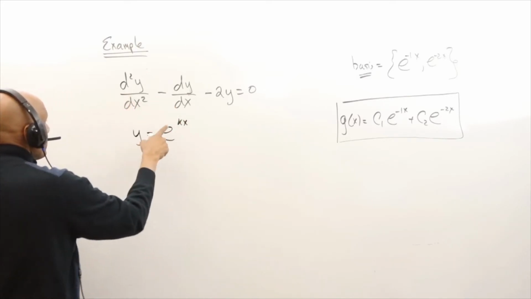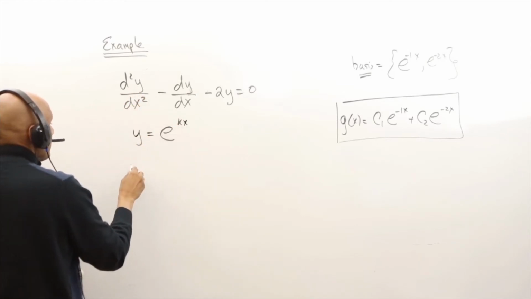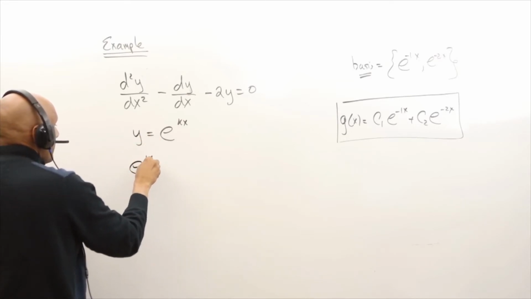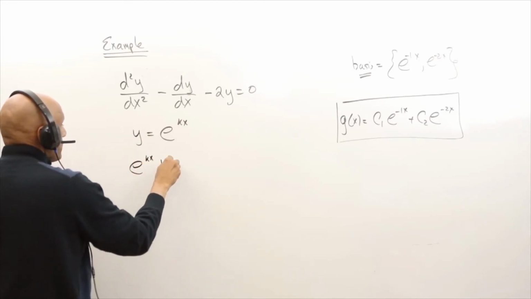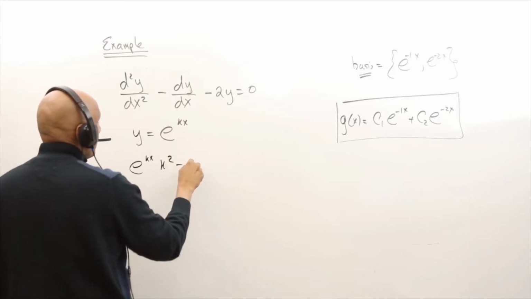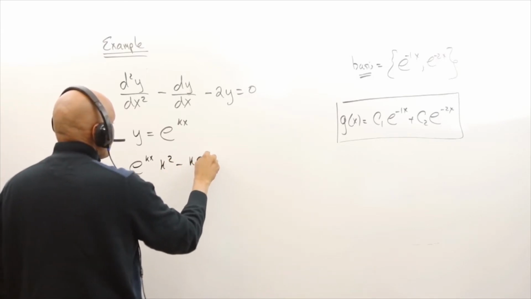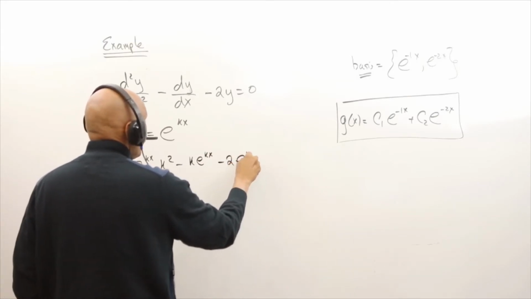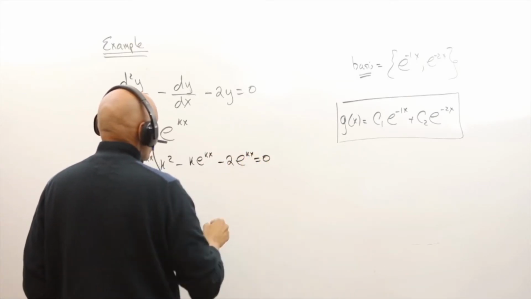For the second derivative, every time we take a derivative with respect to x, a k pops out. So we expect the equation to come out as e to the kx times k squared, minus k e to the kx, minus 2 e to the kx equals 0.